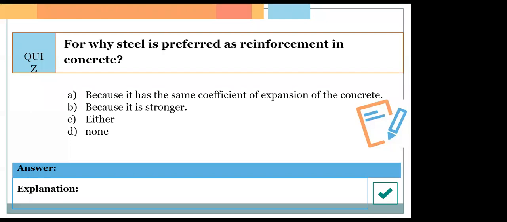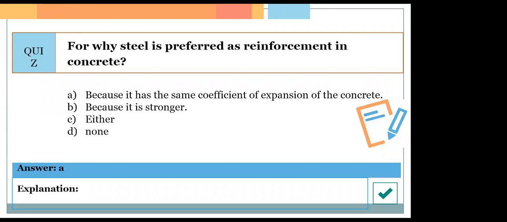So why is steel preferred as reinforcement in concrete? Because it is stronger. Because of tension. Because of the post-tensioning, tension and contraction of concrete.